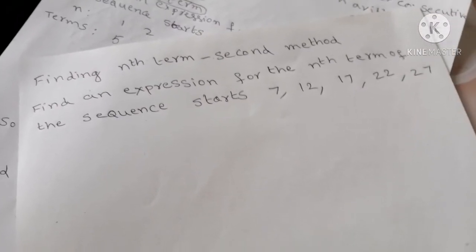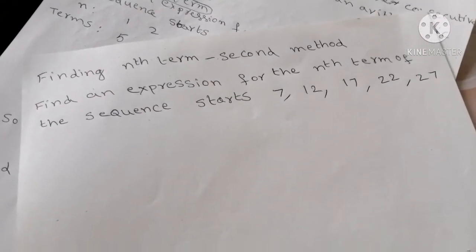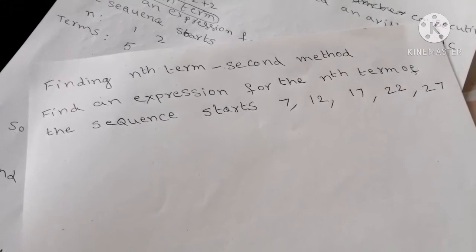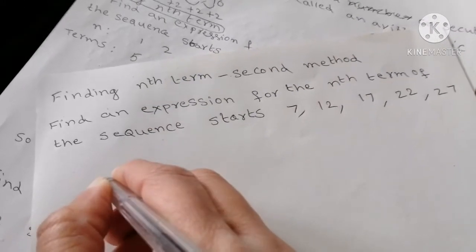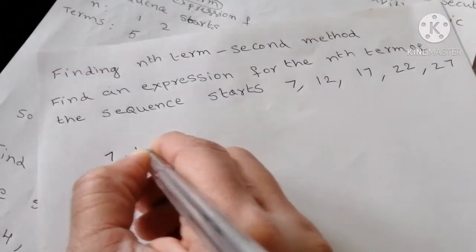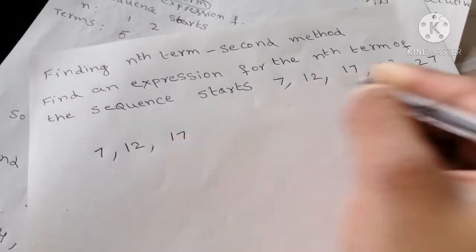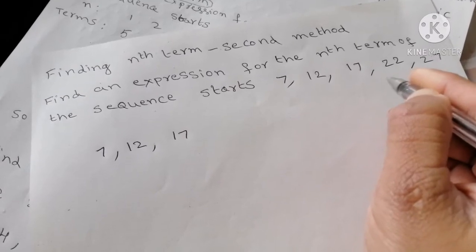Finding the nth term. Find an expression for the nth term of the sequence starts 7, 12, 17, 22, 27. First what we need to do here? We need to write the sequence what they are given.